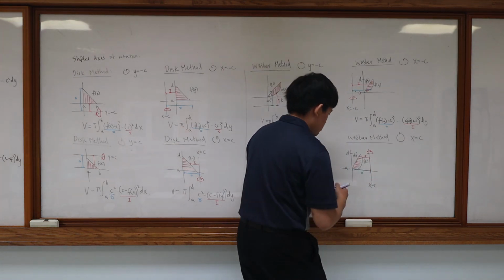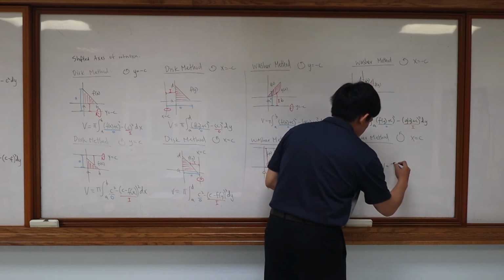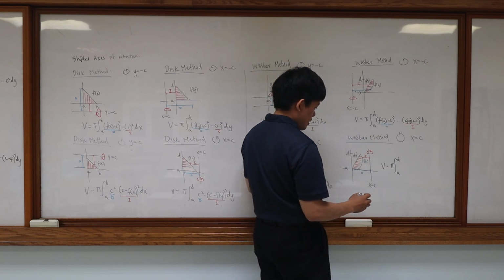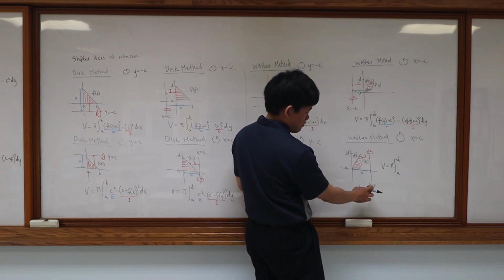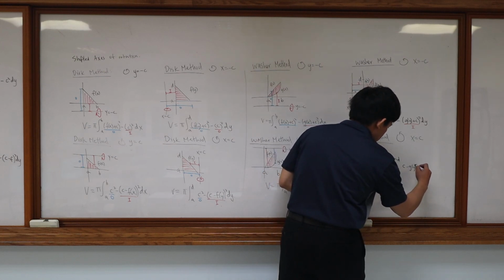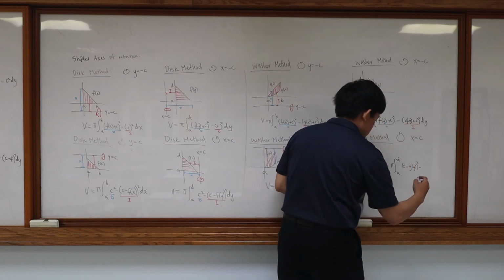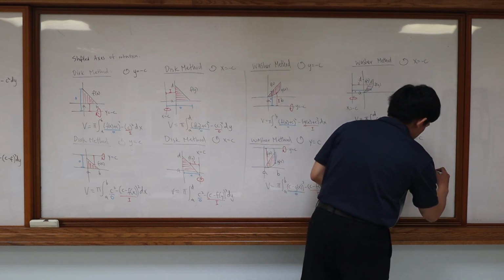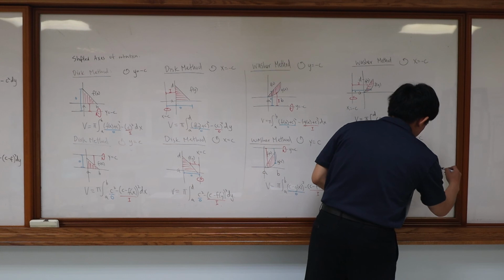So that means my volume here is equal to pi integral from a to d. And then my outside function is my g of y and c, so c minus g of y, squared, minus c minus my f of y, c minus f of y squared dy.